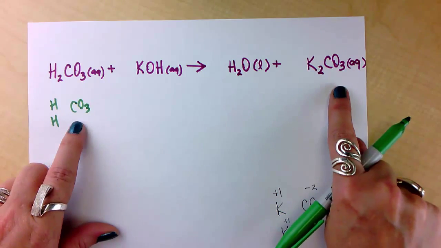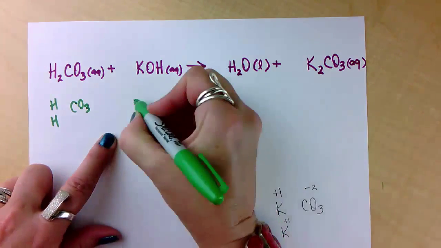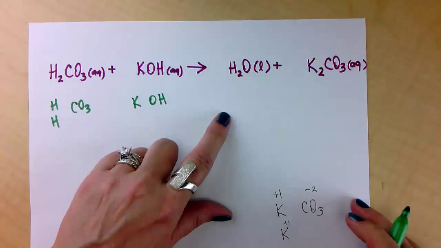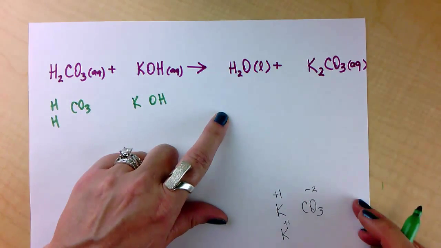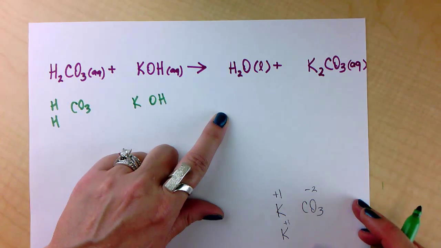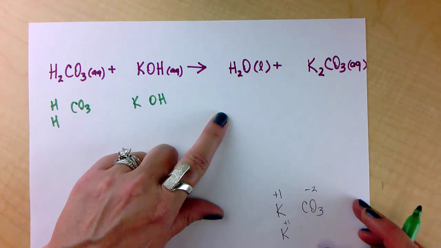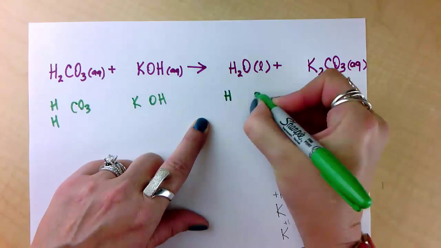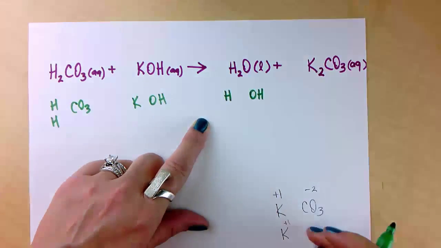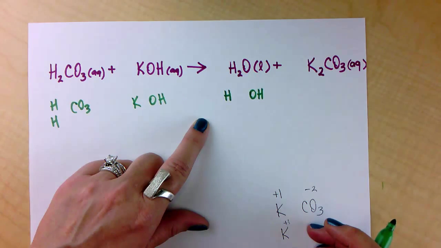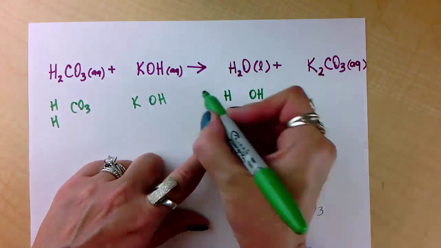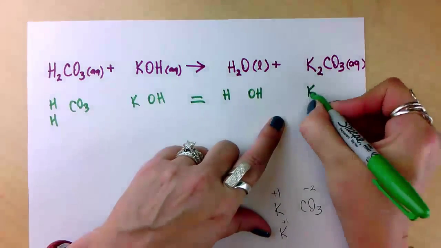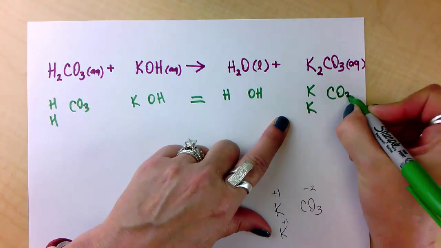I will balance CO3s. I also have a K and I have hydroxide. Now here's a little tip for balancing acid-base neutralization reactions. We're going to balance the water as though it was an H and an OH. Okay, that will make our life easier. And of course they have to be equal on both sides. And over here we have two Ks with one CO3 group.